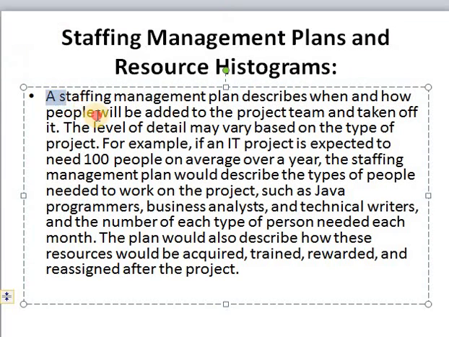A staffing management plan describes when and how people will be added to the project teams and taken off it. Staffing management plan basically decides that in order to complete and manage a project, when and how you will need the people to be added and removed from the project activities.